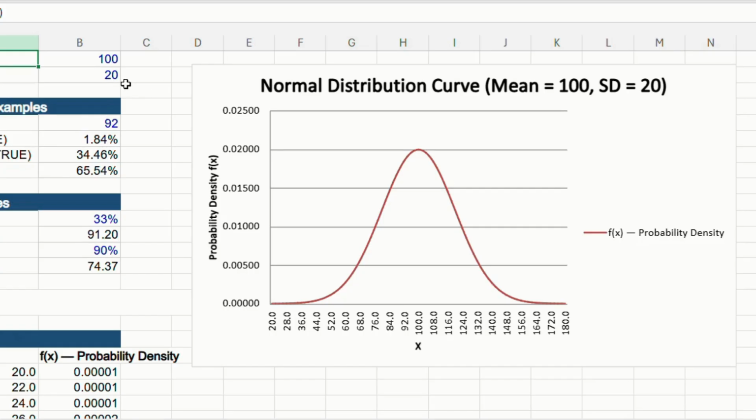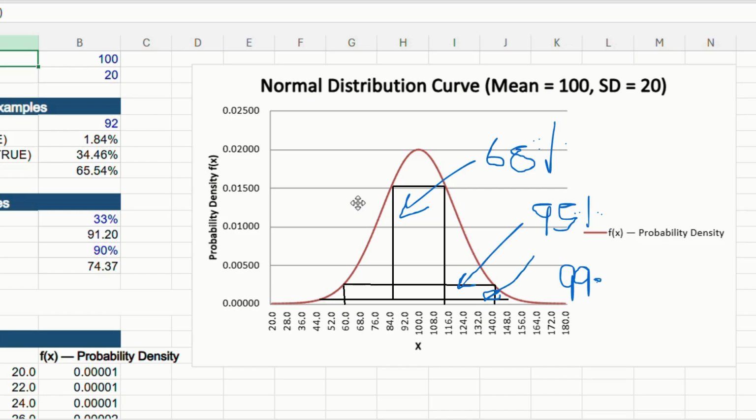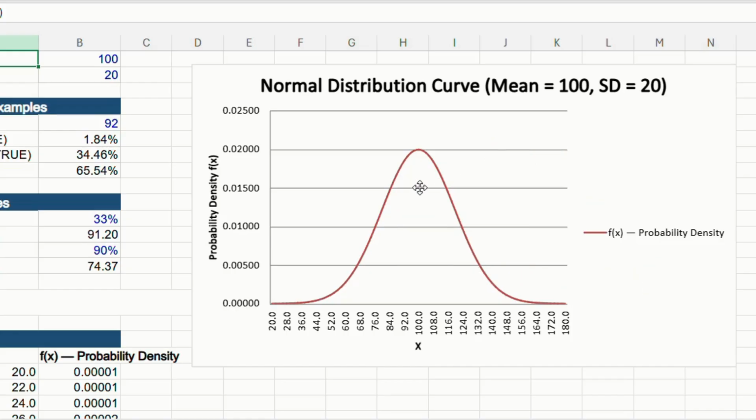So here's something really useful. Every normal distribution follows the empirical rule, which is called 68, 95 and 99.7. 68% of values fall within one standard deviation, which is 100 plus or minus 20, between 80 and 120. 95% of values fall within two standard deviations, between 60 and 140.